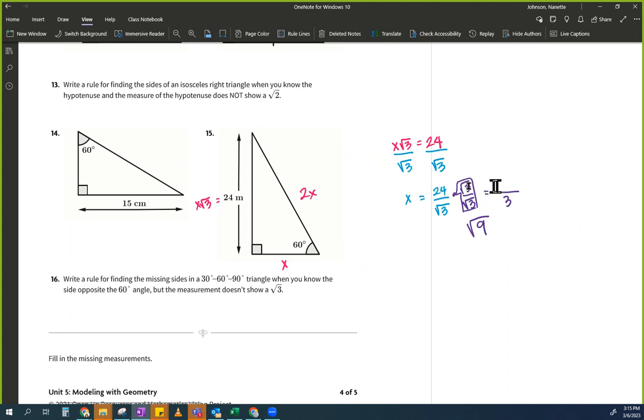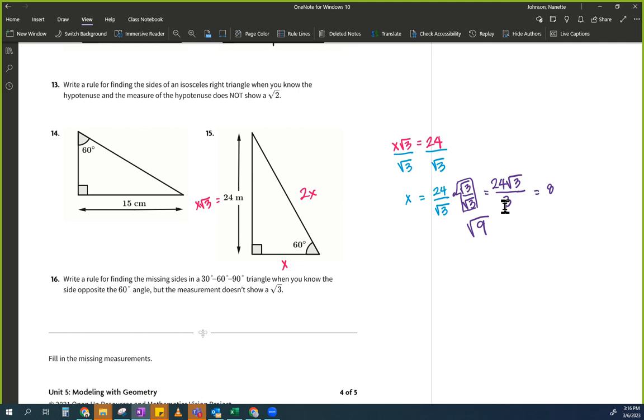And then on the top, I'm just going to multiply 24 times root 3, and then I'm done, right? So some people say, hey, Ms. Johnson, can I cancel out that 3 and that 3? The answer is no, but you can simplify that right there because they're both outside. So 24 root 3 divided by 3 is 8 root 3.